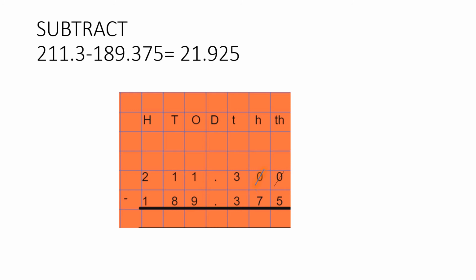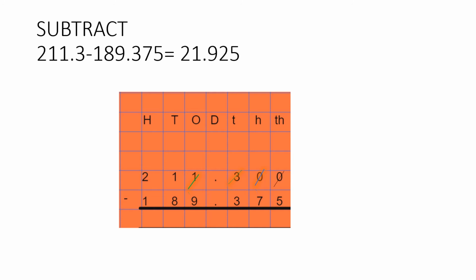So we will borrow from the 0 hundredths, but it has no value. So we will borrow from the 3 tenths. When we borrow from 3 tenths, this 3 will become 2 and the 0 will become 10 hundredths, but this 10 will give 1 to the thousandths and remain 9.